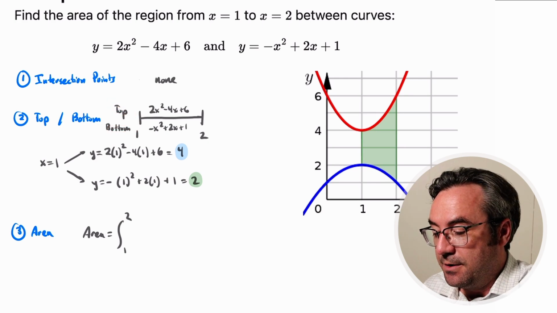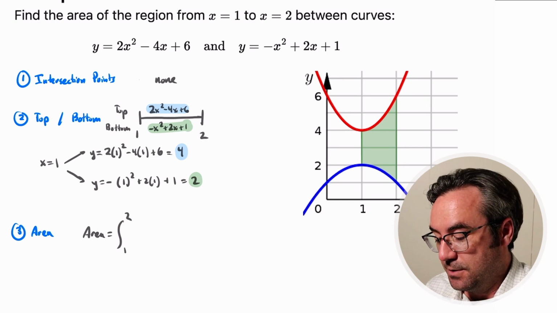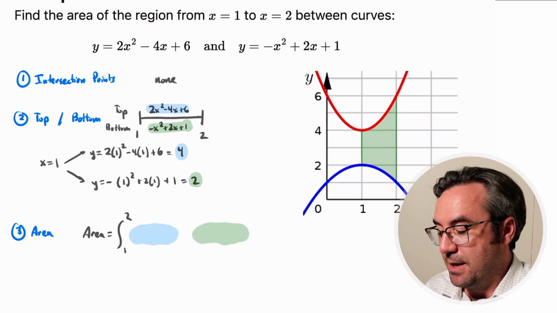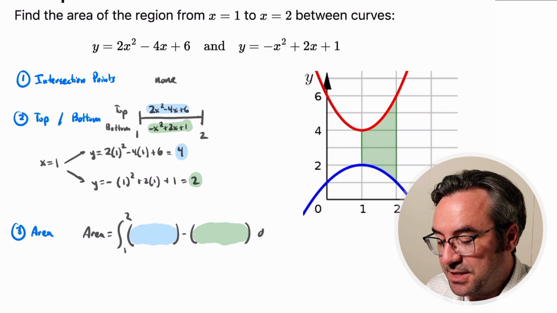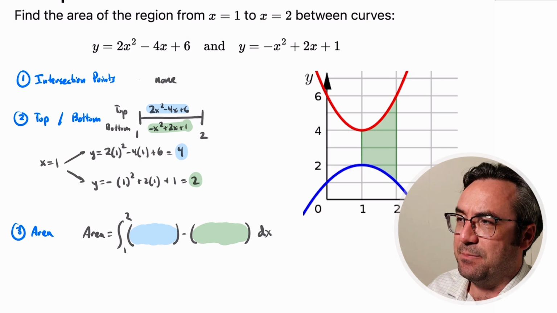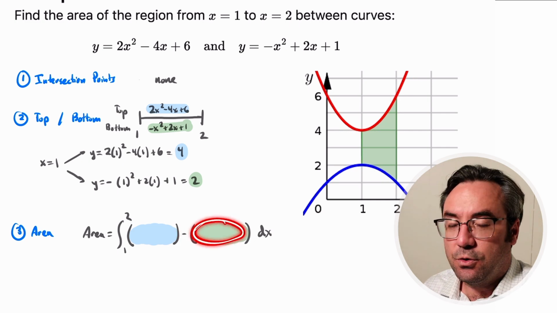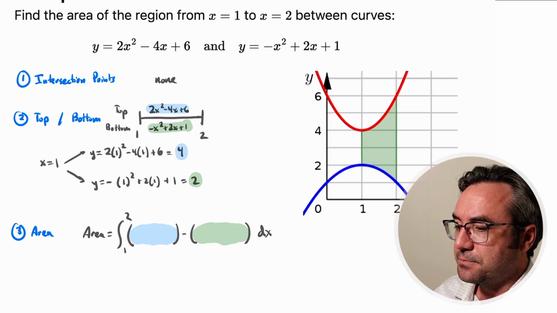So we want to fill in which is our top function, which is our bottom function. So we'll have our top function first, then minus our bottom function. And just like when we evaluate definite integrals, get the parentheses all set up because we're subtracting here, and usually there's a whole bunch of terms that we don't want to forget distributing that negative to.